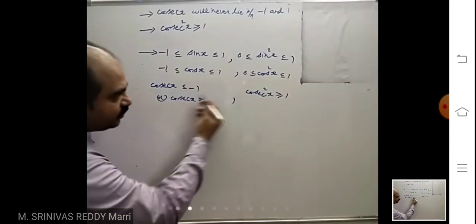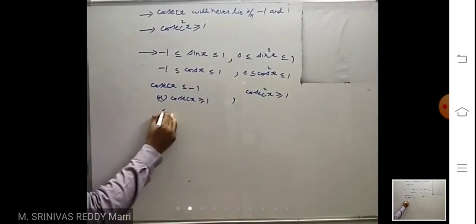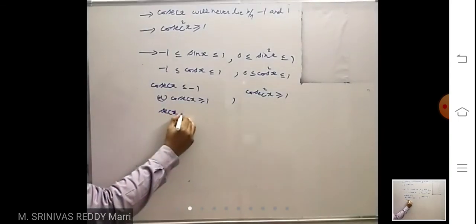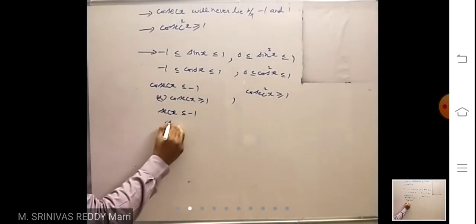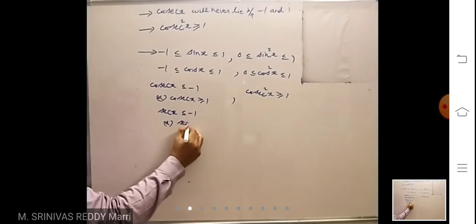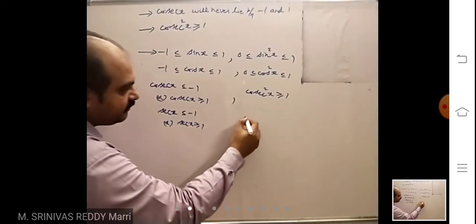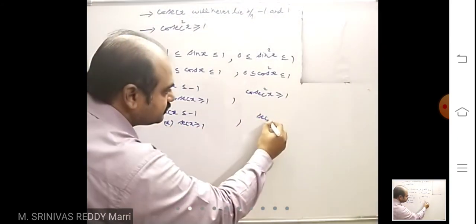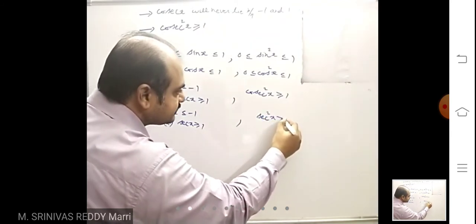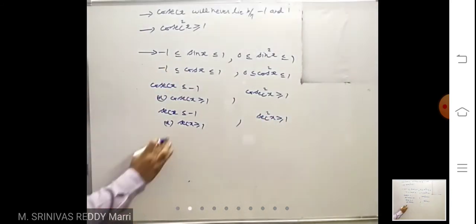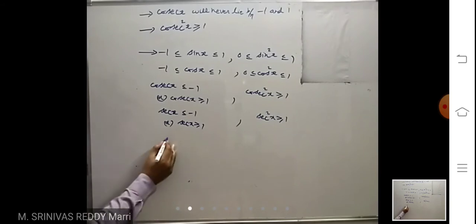This is regarding cosecant x. Similarly, secant x: finally, you have to remember this one, secant x less than or equal to minus 1 or secant x greater than or equal to 1. These two. And secant square x greater than or equal to 1. These two regarding secant x.